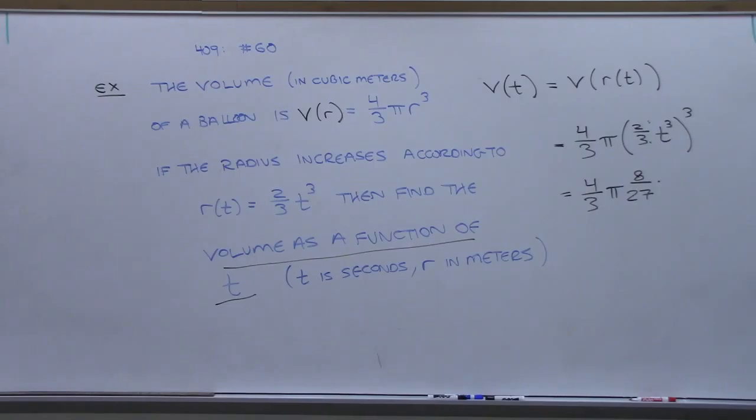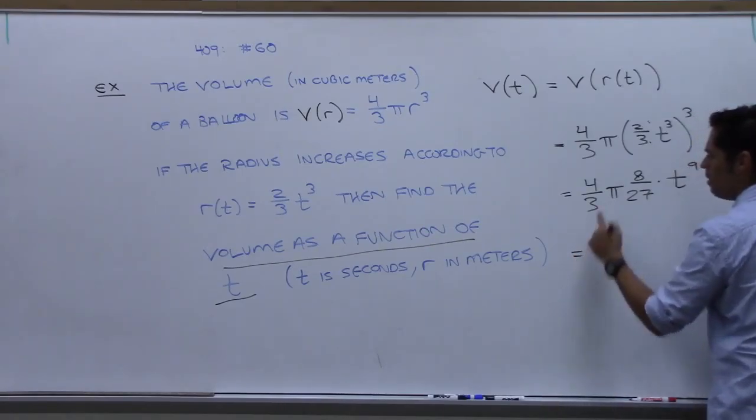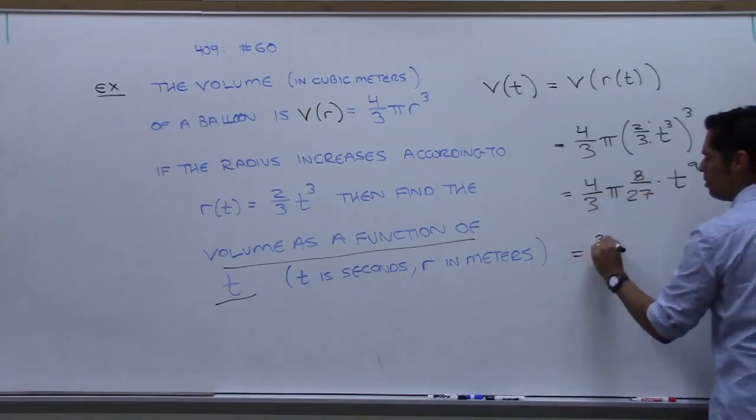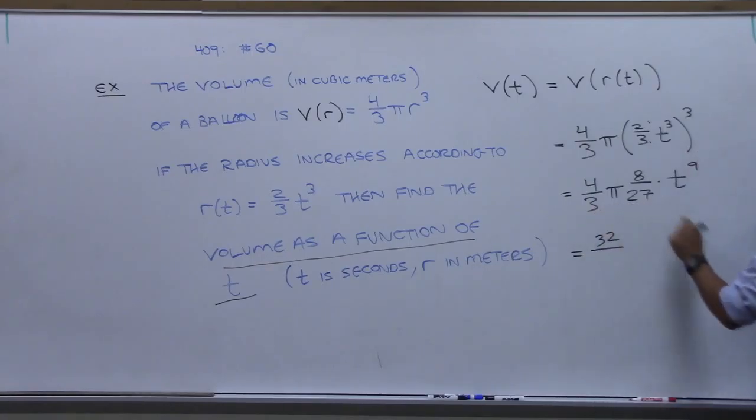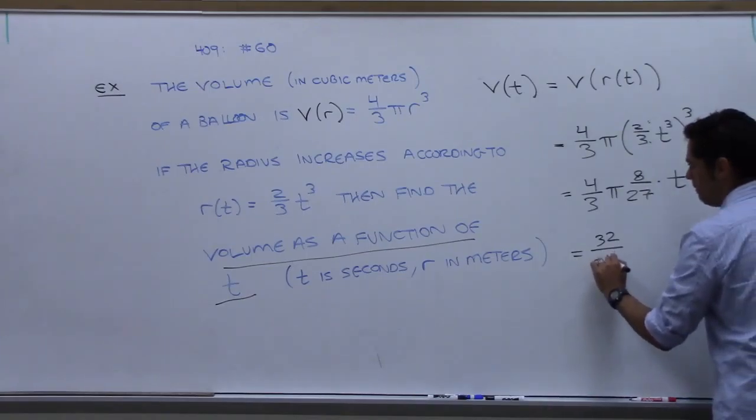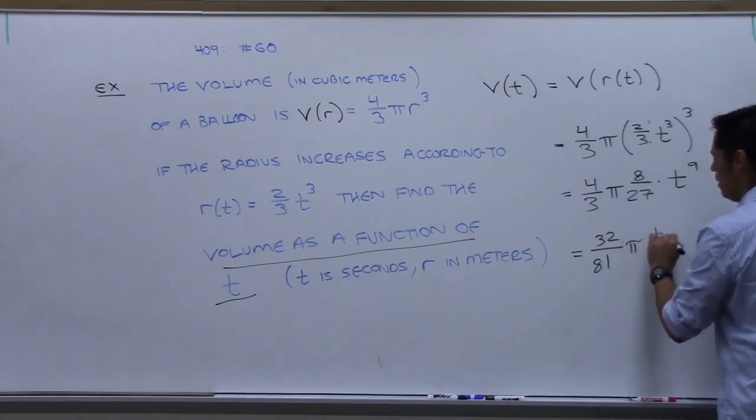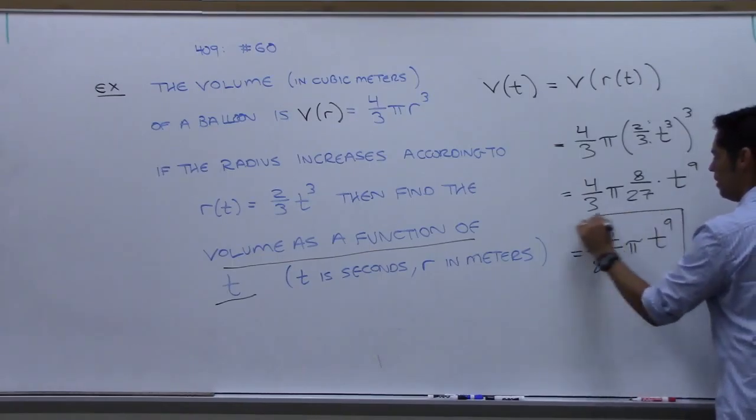It's a power to a power. You multiply. So t to the 9th. And let's see if we can get that a little cleaner. 4 and 8, 32. 3 and 27, 81. So it's 32 over 81 pi t to the 9th. That's it.